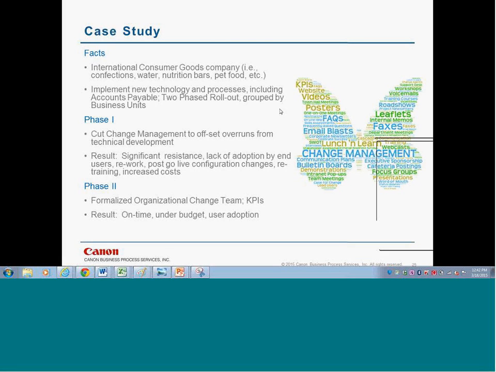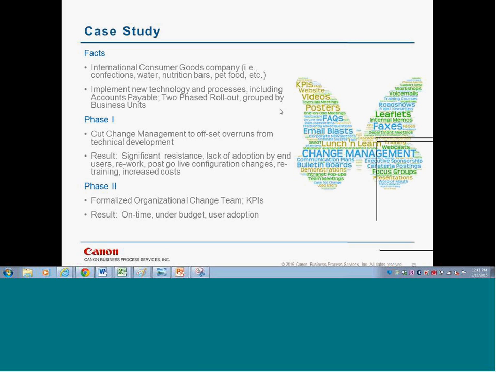In the first phase, there was a lot of development and configuration, and there were some budget overruns. So a decision was made at a higher level to cut change management, everything. There was to be training, but everything else associated with change management was being cut. So you might expect it was not good.